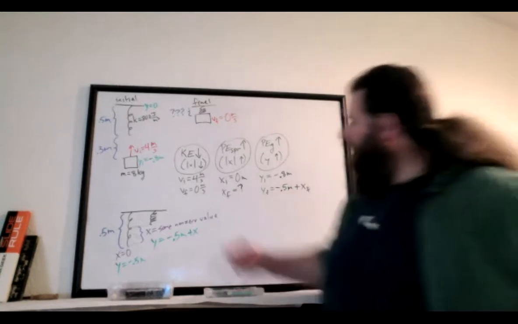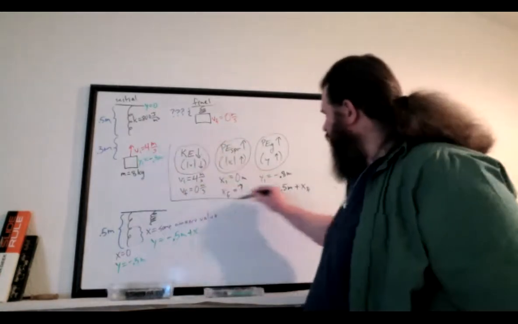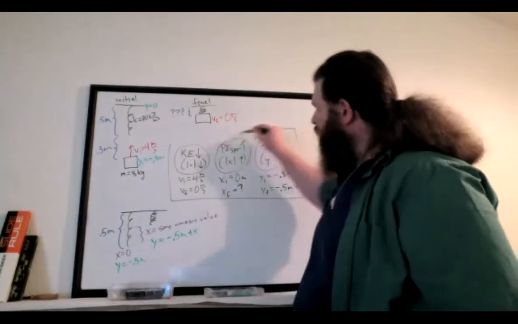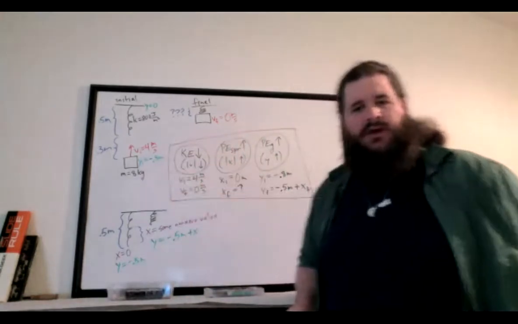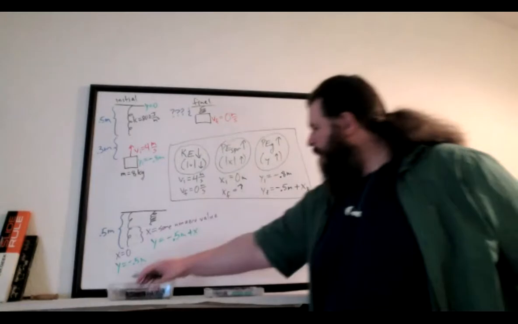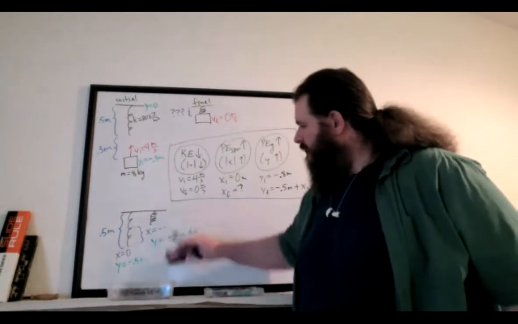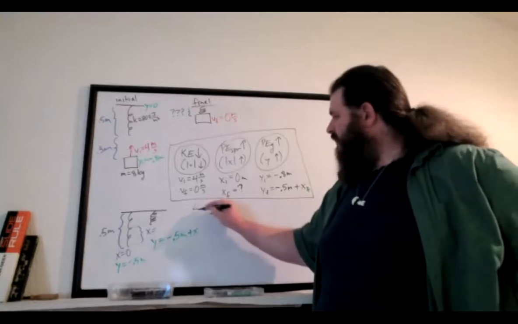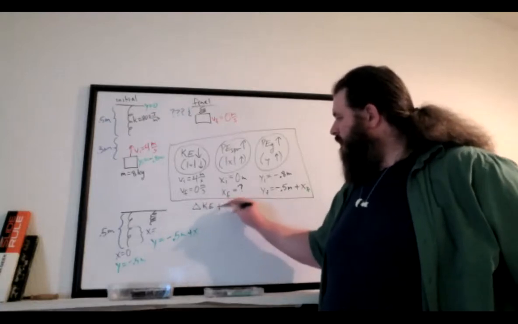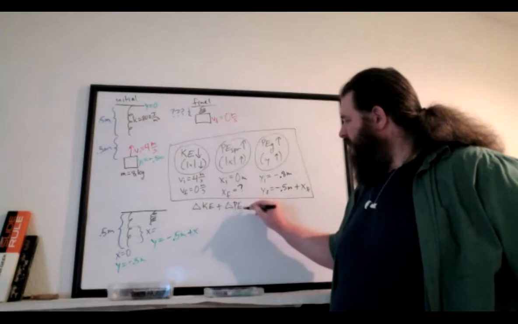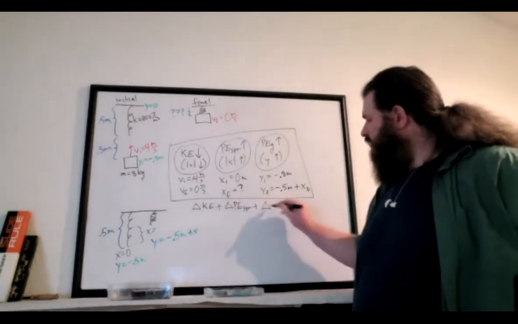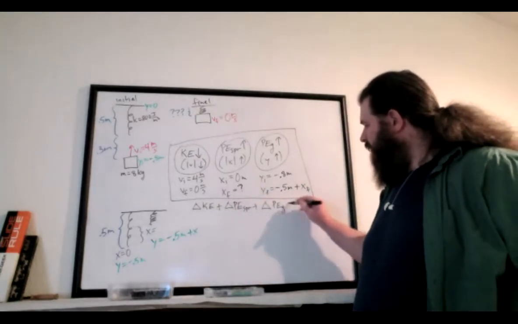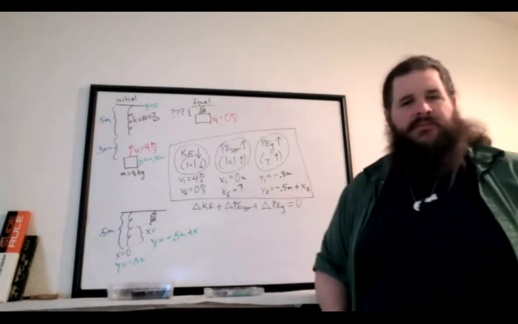Then let's try solving this. I think it's safe to treat this as a closed system. We're assuming that we're not experiencing any energy losses to heat or work. So let's set up our conservation of energy equation. We've got our change in kinetic energy plus change in spring potential energy plus change in gravitational potential energy, adding up to 0.